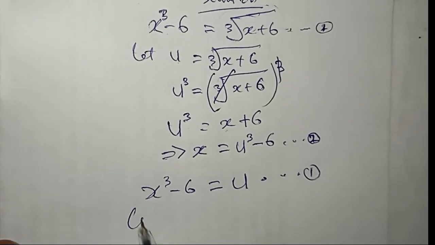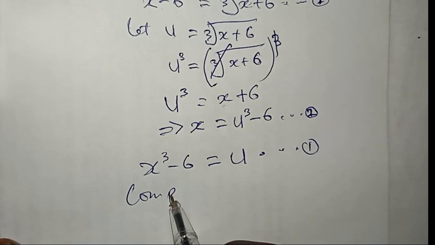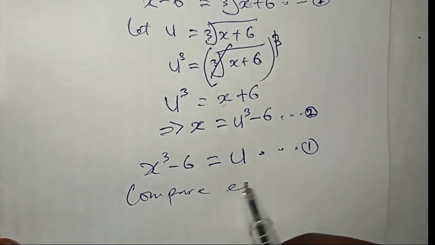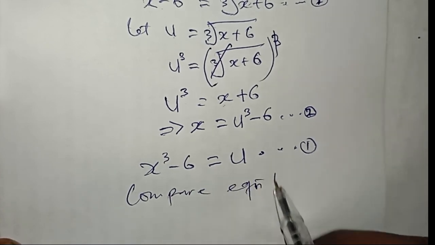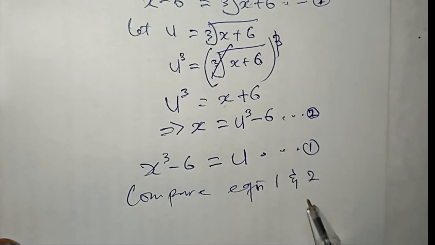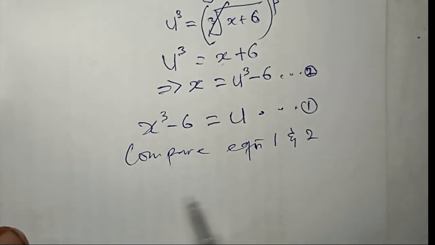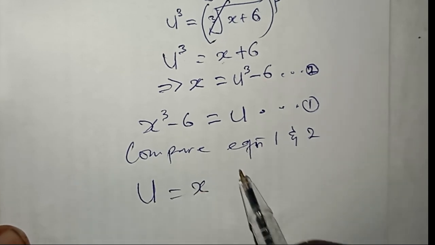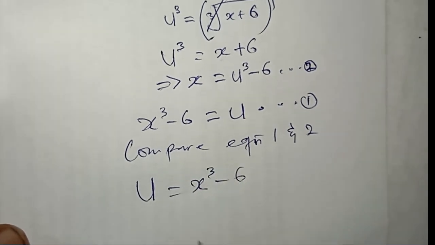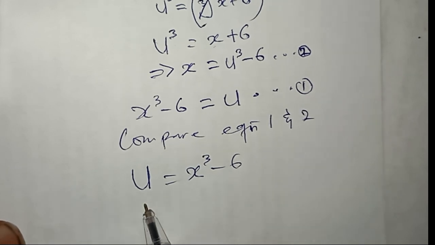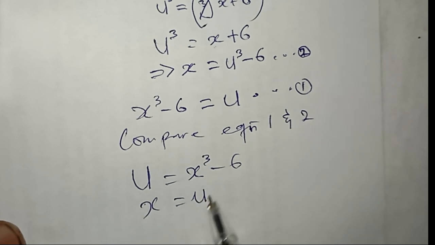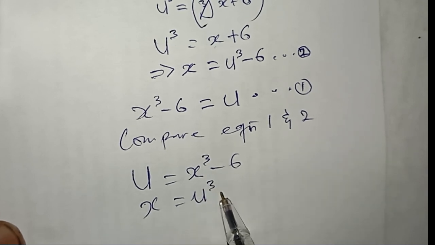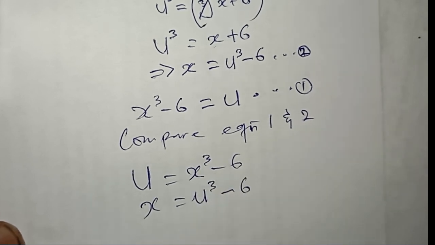We can compare equation 1 and equation 2. Our equation 1 is u is equal to x cube minus 6, and our equation 2 is x is equal to u cube minus 6.